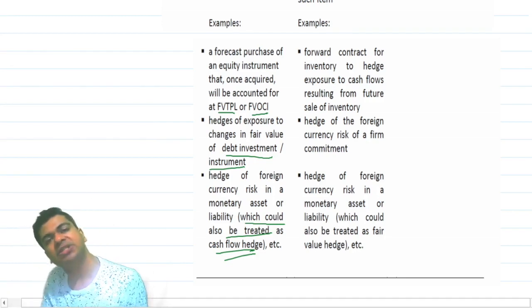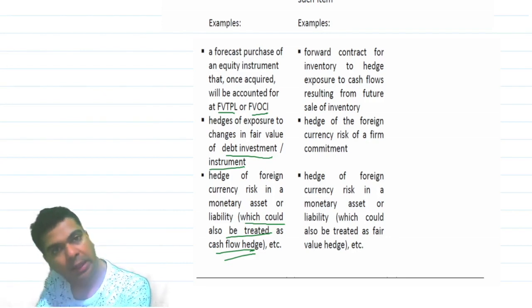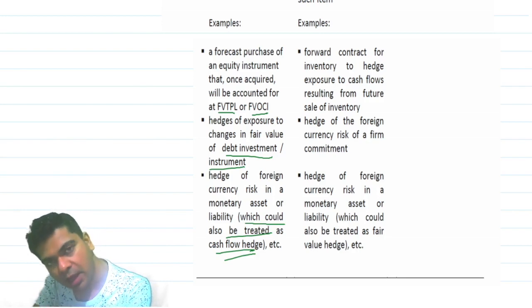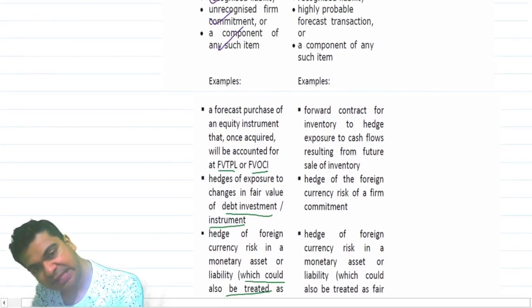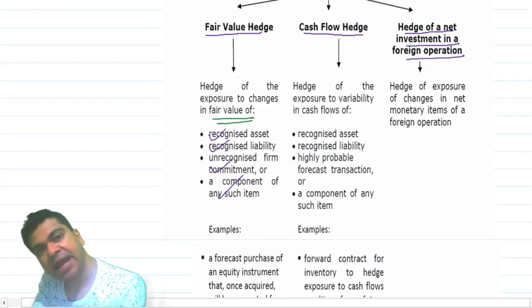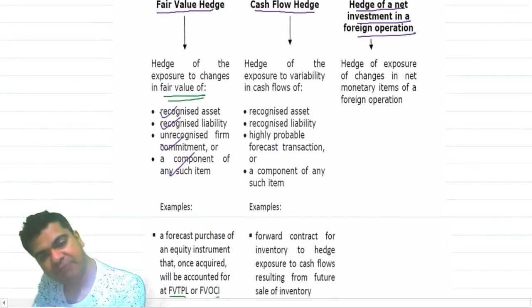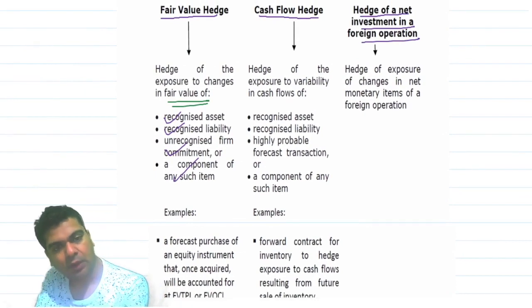In order to hedge the changes in exchange rates, you are entering into a forward exchange contract. The changes in the exchange rates, you can treat as a fair value hedge. But as I said, most of the times we will classify that as a cash flow hedge. Why? That we will understand when we discuss the cash flow hedge.